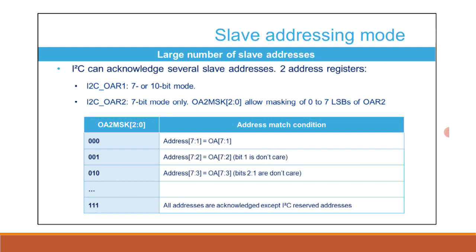Own address register 1, OAR1, can be programmed with a 7 or 10-bit address. Own address register 2, OAR2, can be programmed with a 7-bit address, but the least significant bits of this address can be masked through the OA2MSK register, in order to acknowledge multiple slave addresses. The two own address registers, OARs, can be enabled simultaneously.